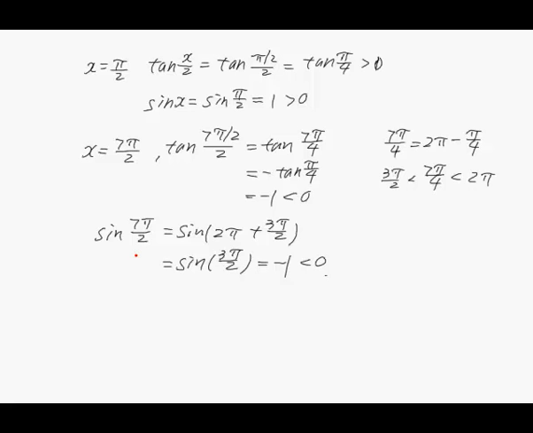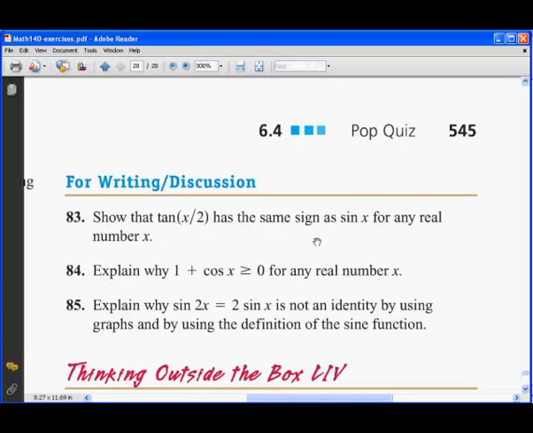This is one problem on page 545. It's problem 83. Show that the tangent of half x has the same sign as the sine x for any real number x. Okay, now let's prove this.